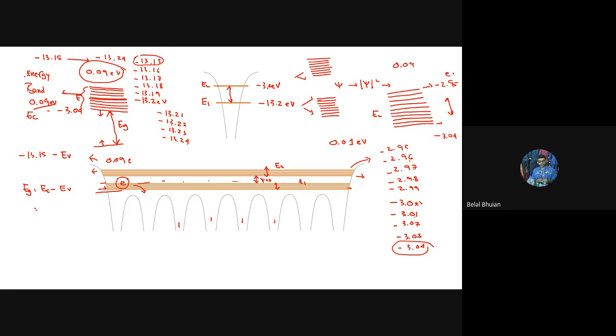So EC is minus 3.04, minus of minus 13.15. What do you get? 10.11 electron volt. So the band gap energy is 10.11 electron volt. This is the range of energies where no electrons are allowed.